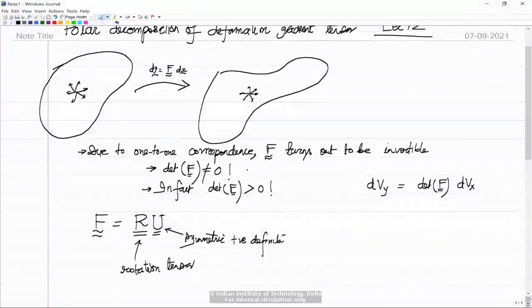That's on the basis of polar decomposition. There is a proof of this on Wikipedia. You can go and have a look at it.